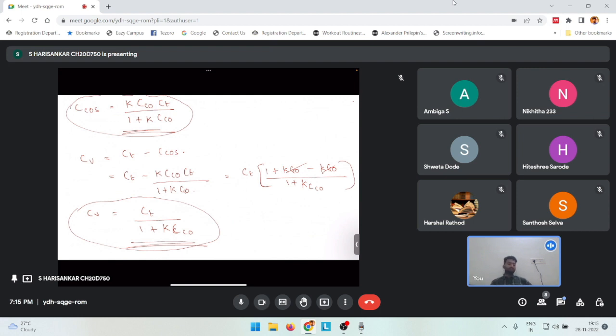This is just when the surface reaction or desorption can be rate limiting. You can also have a case where adsorption is rate limiting and your surface reaction and desorption are in equilibrium, and so on. All those cases we will look into in the next class. So we'll stop here for now.